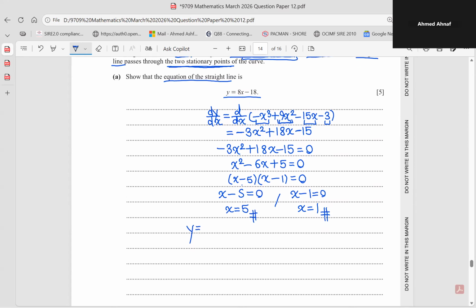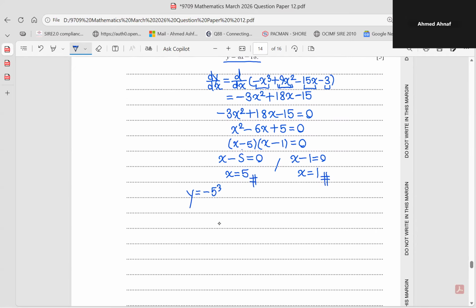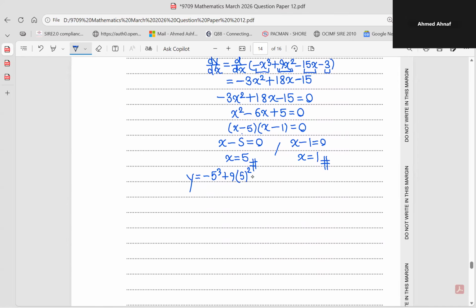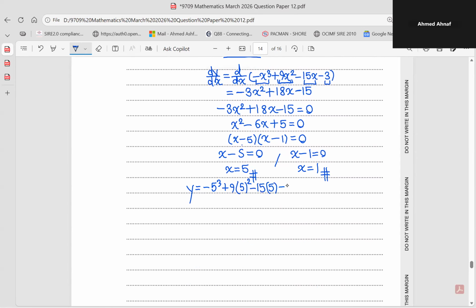So y is minus x cubed, so minus 5 cubed, plus 9x squared, so plus 9 times 5 squared, minus 15x, so minus 15 times 5, minus 3. Using this, you get minus 5 cubed plus 9 times 5 squared minus 15 times 5 minus 3, and you will get 22.